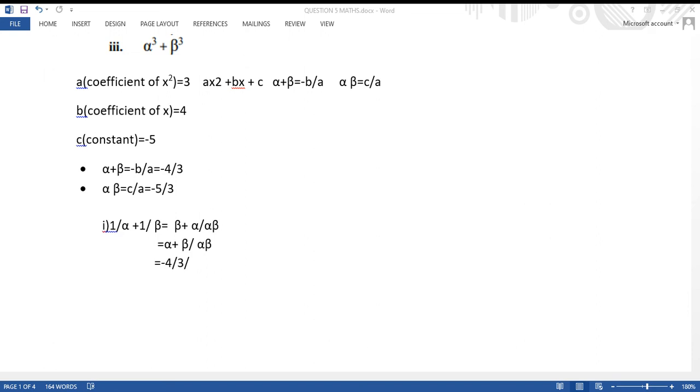Common denominator 27. 27 divided by 27 is 1, 1 times negative 64, we get negative 64. 27 divided by 9 is 3. 3 times 60, we get 180.